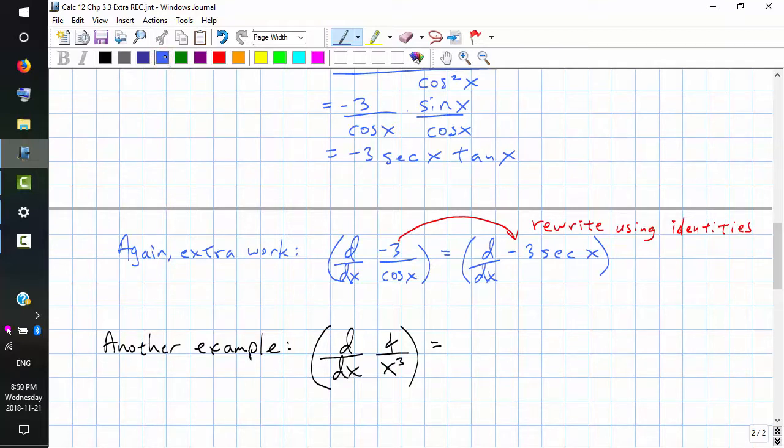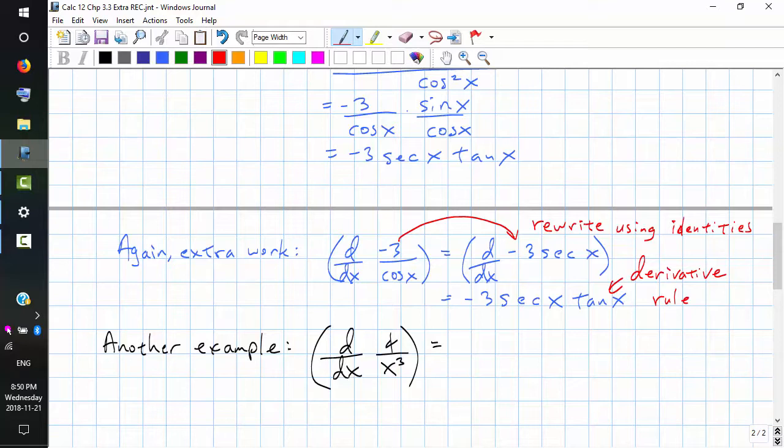And we can jump to our answer, -3 secant x tangent x, and this is just a derivative rule. You haven't gotten there yet. It's coming up in a later section in chapter 3.